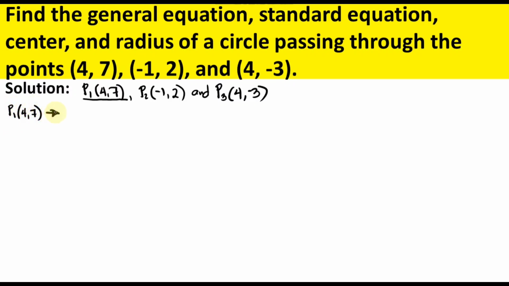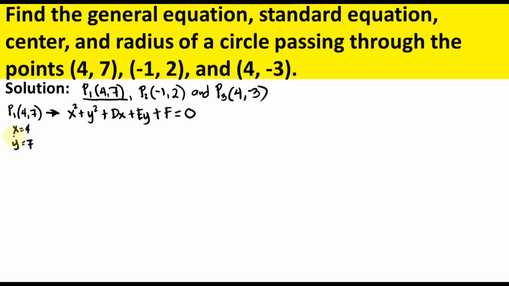So ano ba yung general equation ng circle? So general equation is x squared plus y squared plus dx plus ey plus f equals 0. Then we will substitute. So let x equals 4 and y is 7.